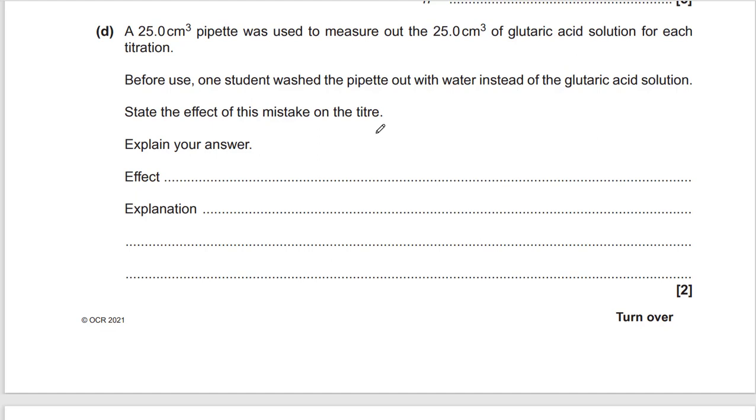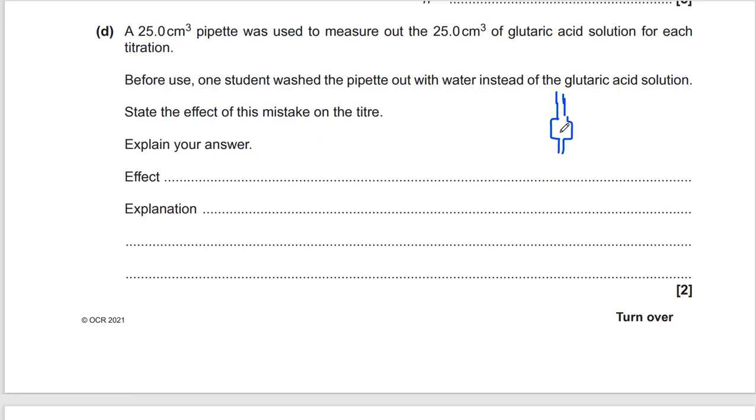So imagine I've got a pipette. Remember, a pipette is one of those long tubes that you use to suck up 25 centimeters cubed. If I wash it out with water, I'm not going to get it dry completely because, as you know from practical work, you never get it dry immediately.